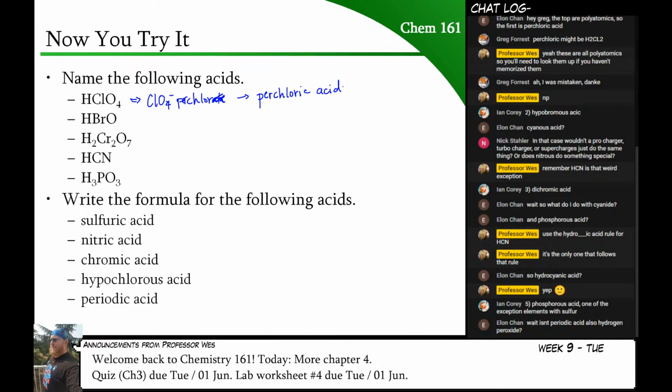The second one here, this is hypobromite. We'll just get rid of the ite, and then we'll stick ous acid on the end. Hypobromous acid.